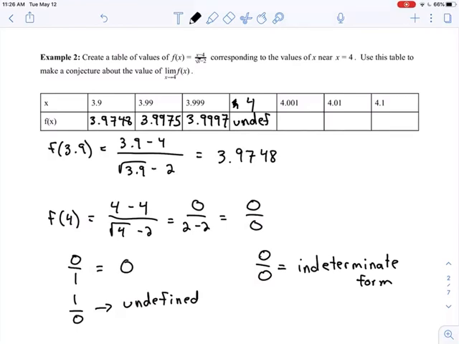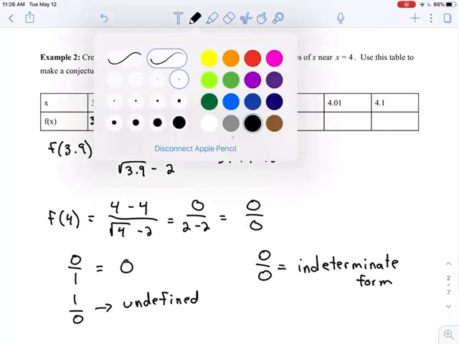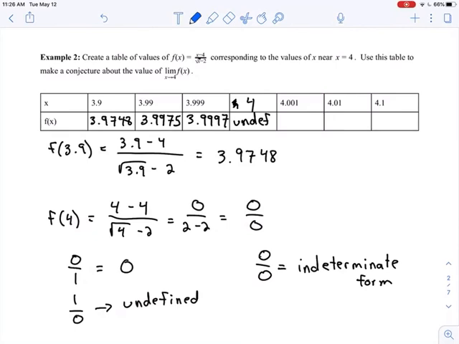So let's actually do that over here. Let me change my color. So if I take 4.1 and plug that into my function over here, what do I have? 4.0248 for 4.1. If I take 4.01, plug that in, I'll end up with 4.0025.